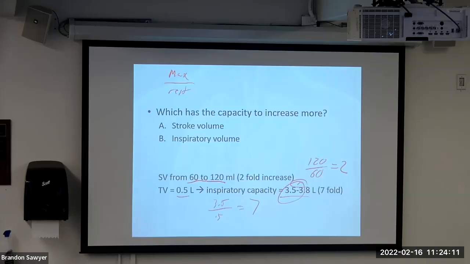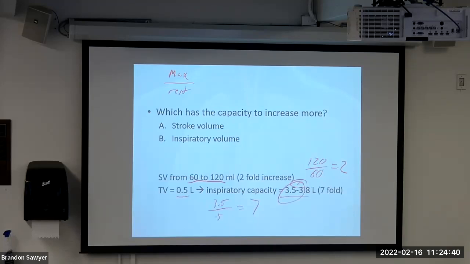How does the inspiratory capacity translate to an oxygen uptake? Like just because you suck more air in, you're going to get a proportional amount of oxygen. Yeah, they do track pretty well with each other. The other way to think about it would be ventilation, which is our equivalent to cardiac output, but on the air side of things, right? It's breaths per minute times how much with each breath.